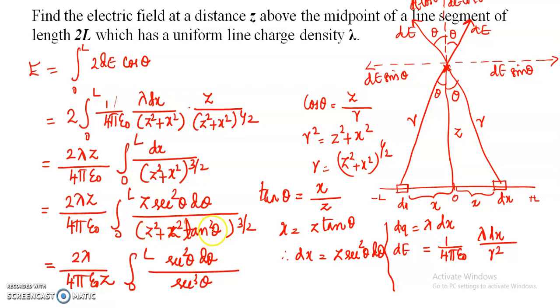Here 1 plus tan square theta is sec square theta. Sec square theta whole raised to 3 by 2 will give sec cube theta. So the electric field E equals 2 lambda divided by 4 pi epsilon 0 z integral 0 to L cos theta d theta.